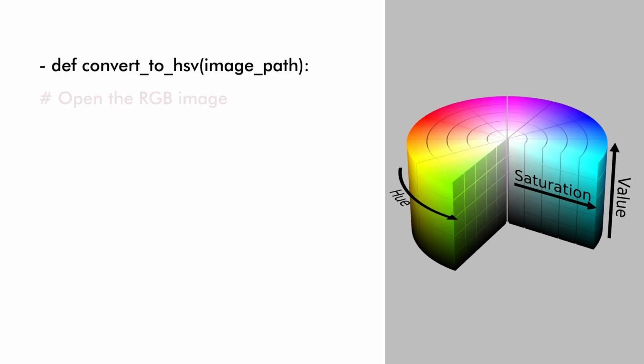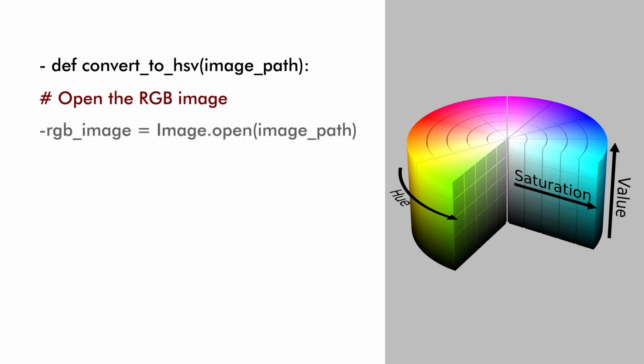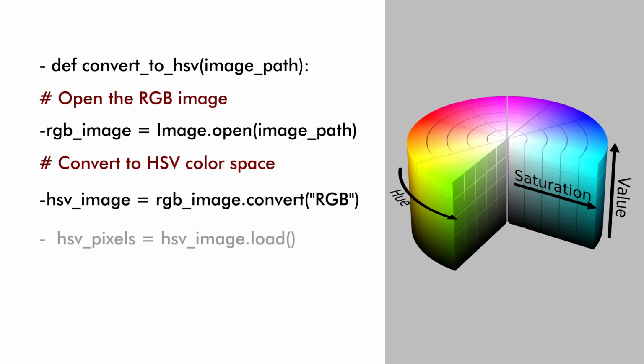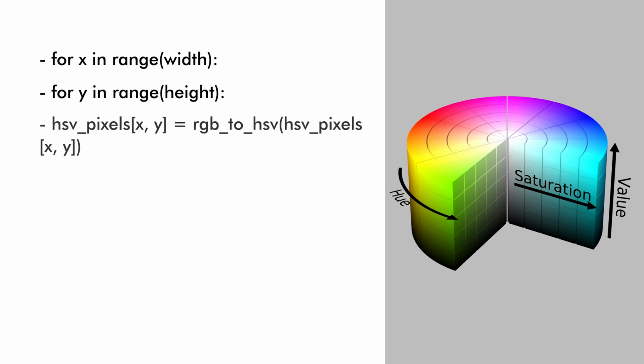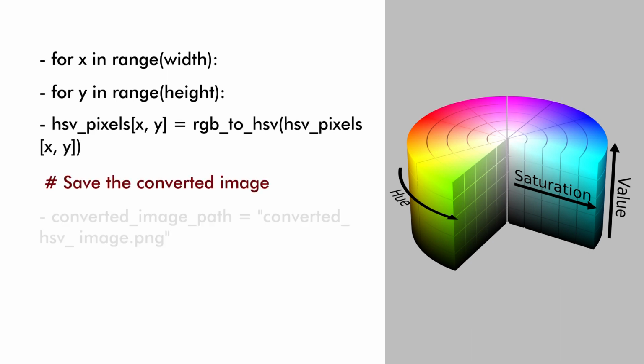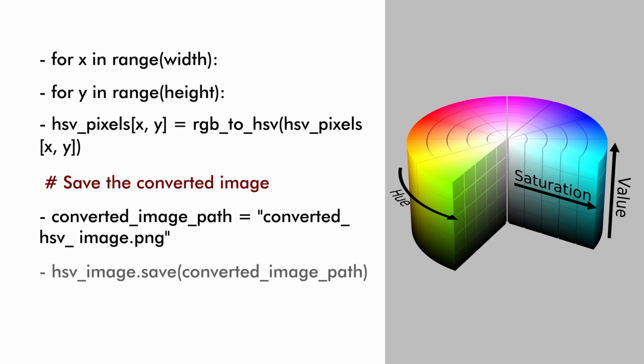Then convert to HSV color space by the convert function. Then again we have to decide the range for the width and height of that image. Now the image is converted, and again we have to save the converted image. This is the full example of converting an RGB image to an HSV color space image.